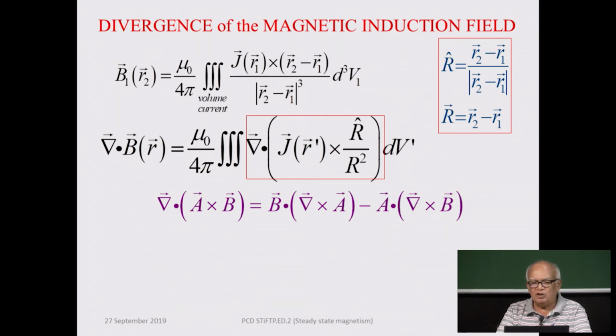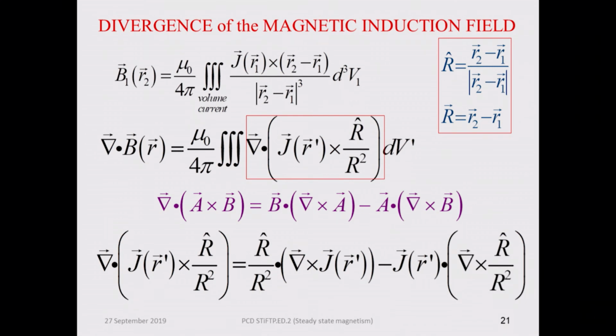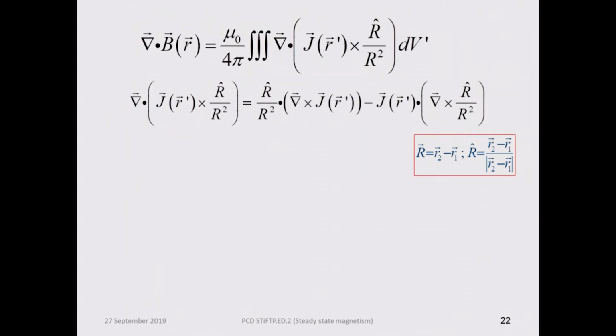You take A cross B and take its divergence, it is given by this particular expression, and if you now take the divergence of this, you just replace A and B by the terms which are of interest to us. So now you have this result. Okay.